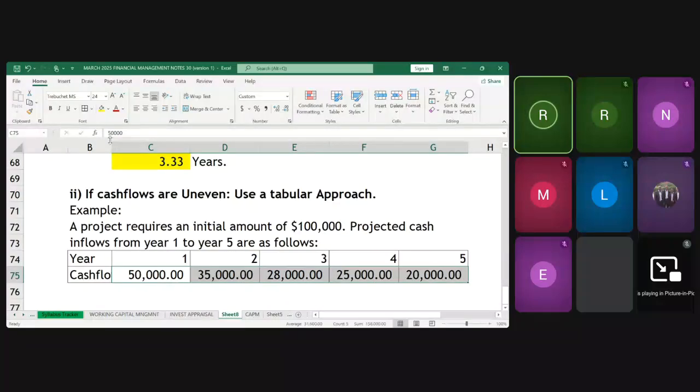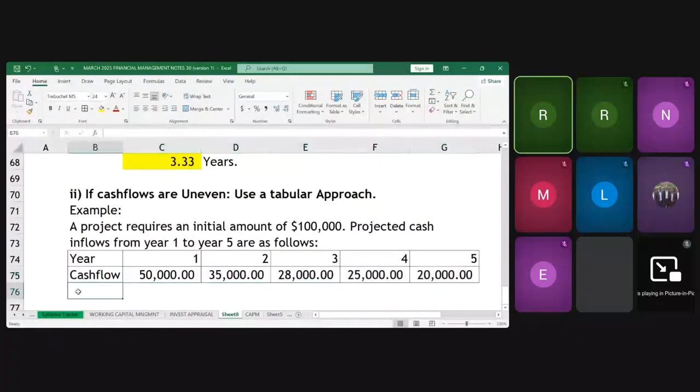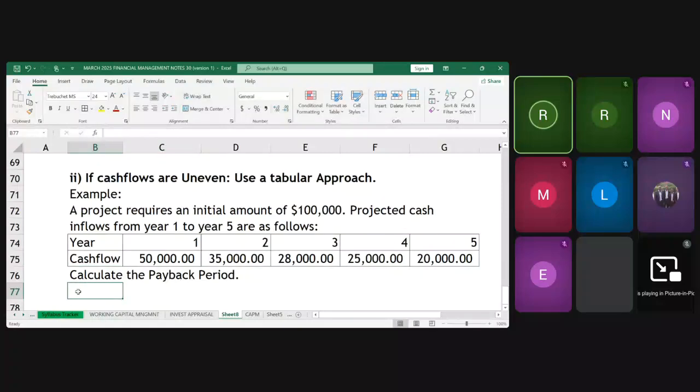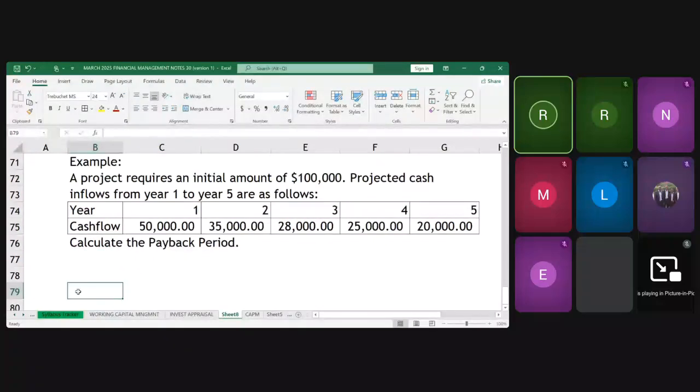And what is the payback period? Calculate the payback period. If this is the case, what we need to do now is to make use of a table to find the payback. So let's look at our solution.